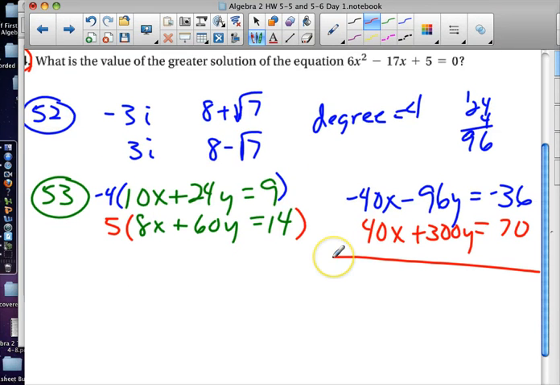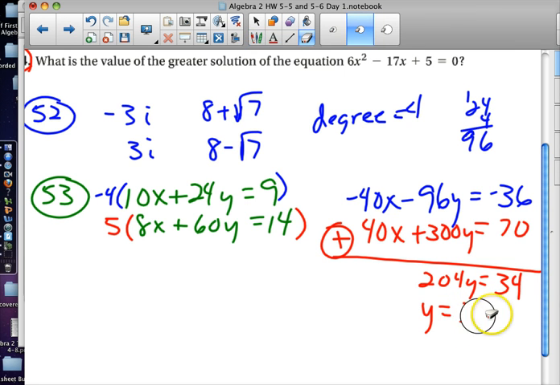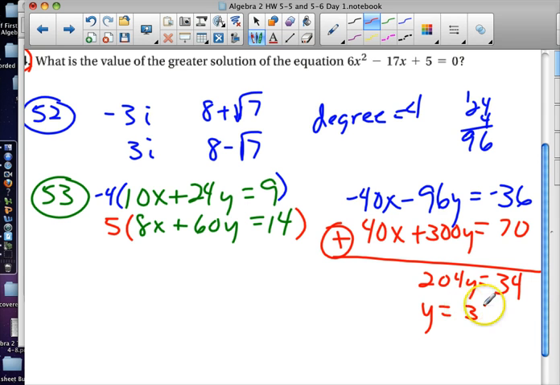Now, we can go ahead and add these together here. That's what we're doing with the elimination. And we have 300 minus 96y, which is 204y. And then we have minus 36 plus 70, it doesn't make any difference. We're going to get 34. So then we'll divide 34 over 204. And at the very least, we can see that these are even.